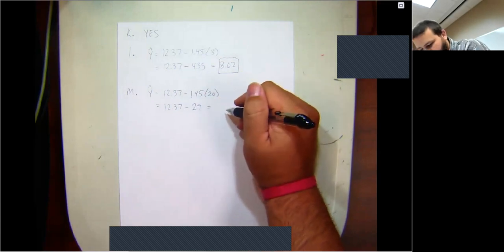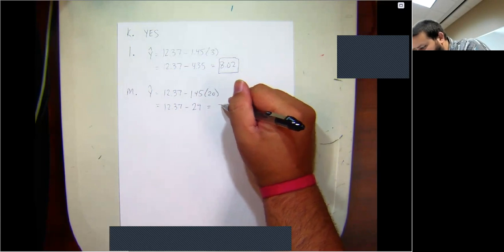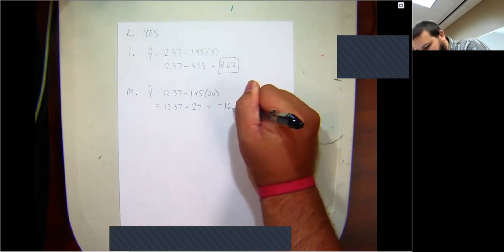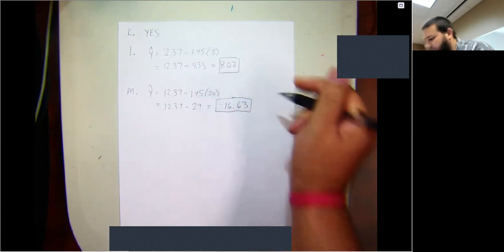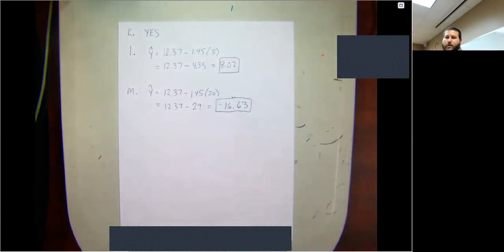And so 12.37 minus 29, we predict his achievement score to be a negative 16.63. Wow. Can't really happen. Again, present the math the way the math comes out, but practically speaking, if Samuel had 20 risk factors, we predict his achievement score to be 0.